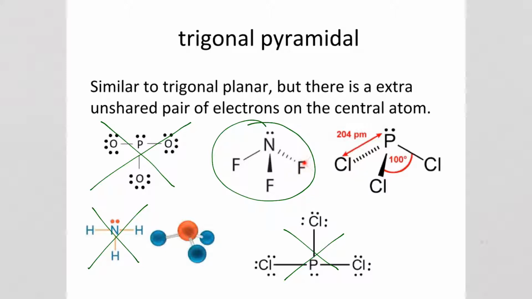So think of a tripod, where these two are in the same plane. This one's coming towards you. This one's going behind the nitrogen. Same goes true over here. We have these in the same plane. This one is coming towards you, illustrated by this triangle here. And then these horizontal lines illustrate that it's going behind the phosphorus.